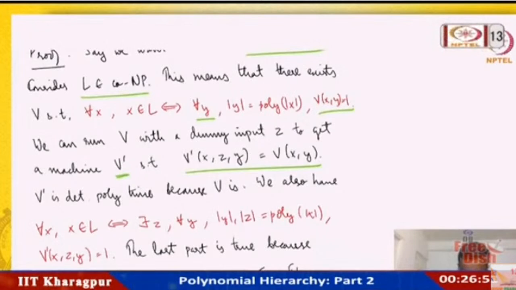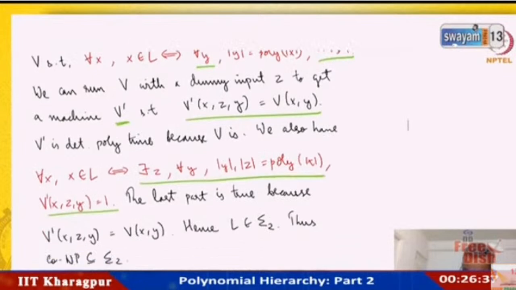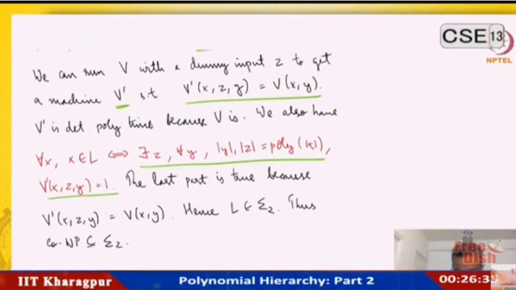Now we can say this: X is in L if and only if there exists Z such that for all Y, V prime of X, Z, Y equals 1. This is true simply because Z does not matter here.